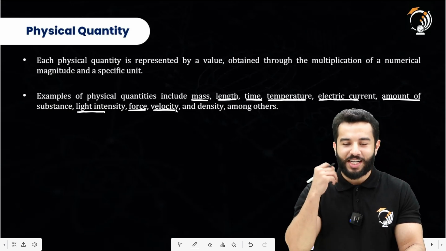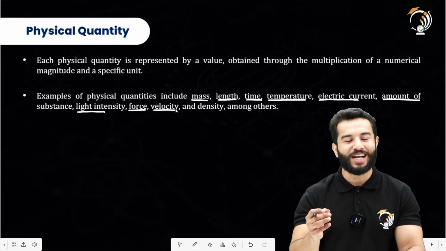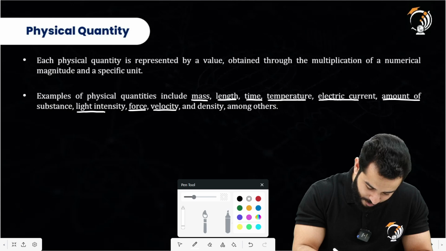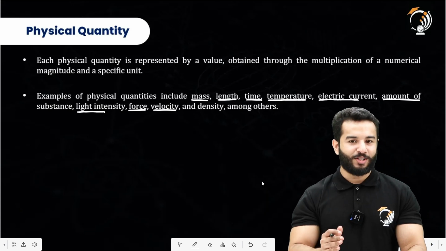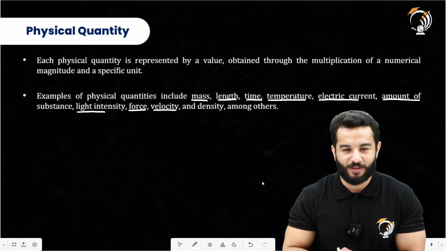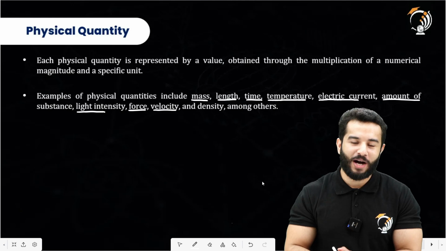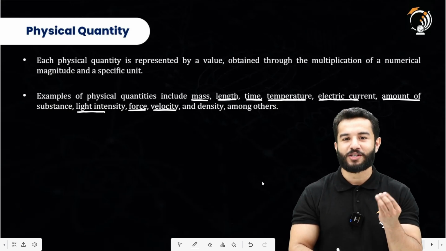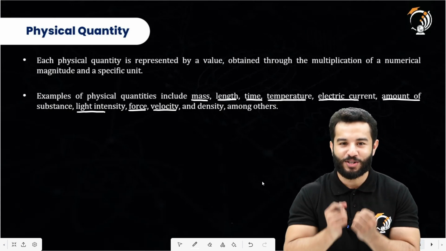I can read out these names all day. We have numerous physical quantities, but the scientists of the past have decided on certain special quantities. They have given a special status to certain quantities.